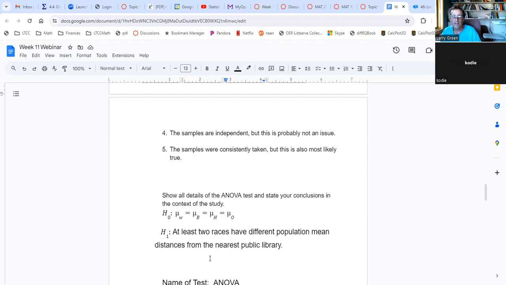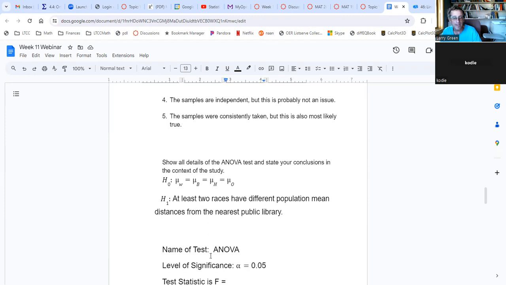Okay, the name of the test we're going to use is ANOVA. I know you could guess that because that's all we're doing today. And ANOVA, because we have a quantitative variable, the survey question is, how far do you live from the nearest public library? If you ask me, I would say 2 miles. That's how far I am to the nearest regular public library. I'm less than 1 mile from the nearest true library, which is our college.